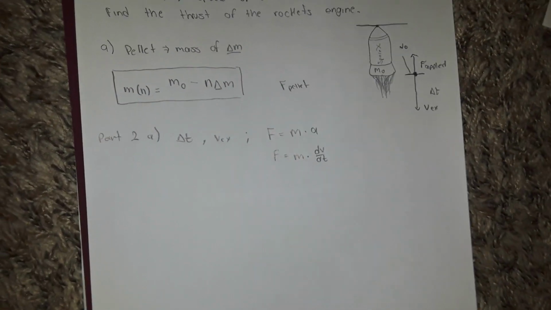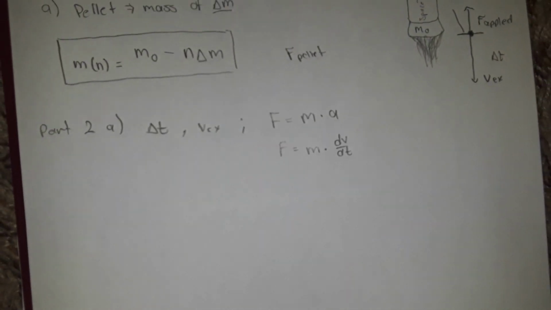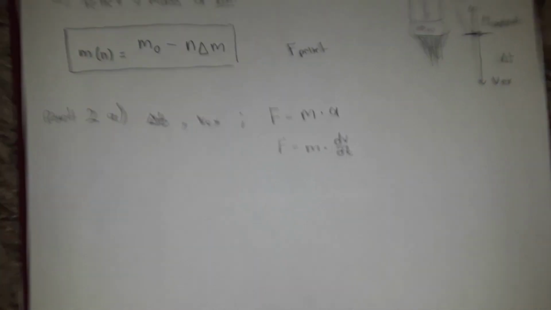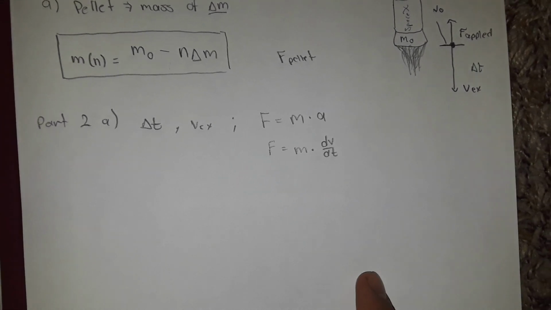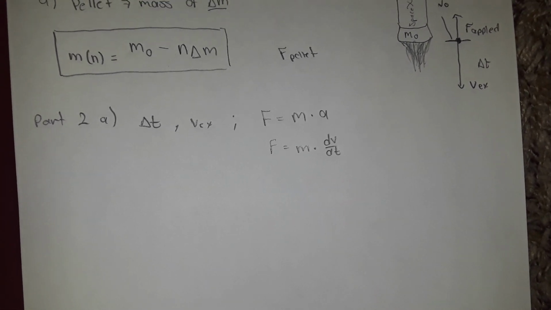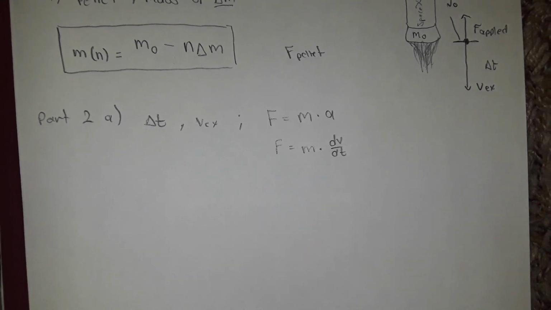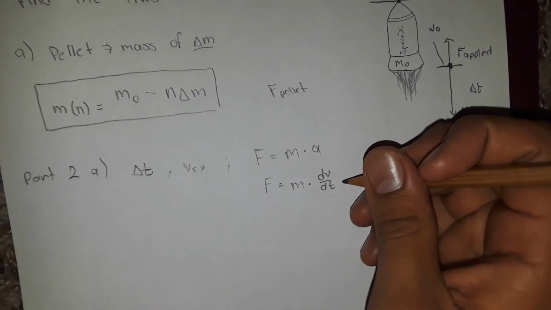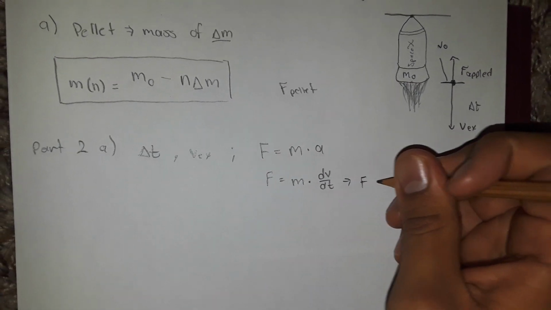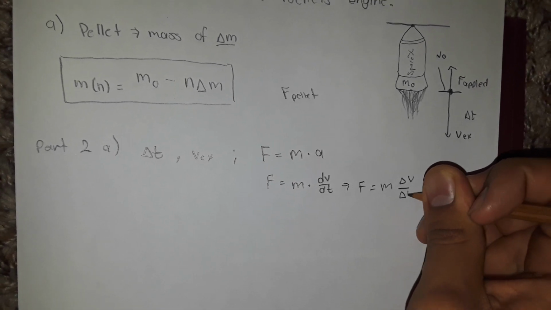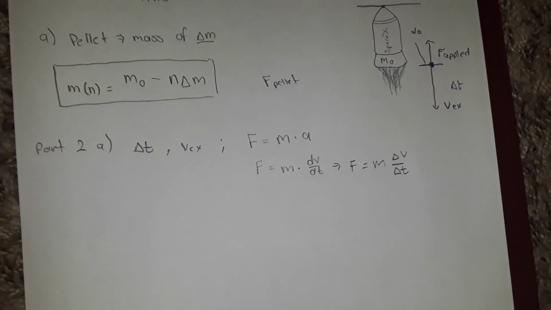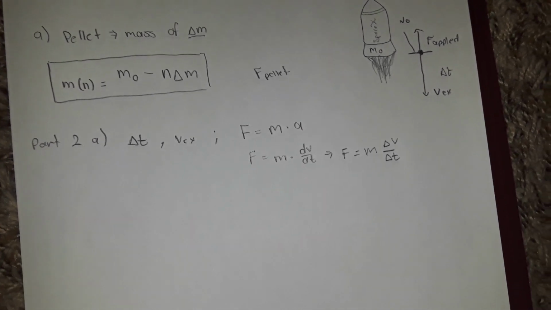Now one more thing, we can also represent this as m dv/dt, which is the definition of acceleration, just a rate of change in velocity. But since we're not really dealing with infinitesimally small changes, we're just gonna approximate it as F equals m delta v over delta t, which is reasonable in this case.